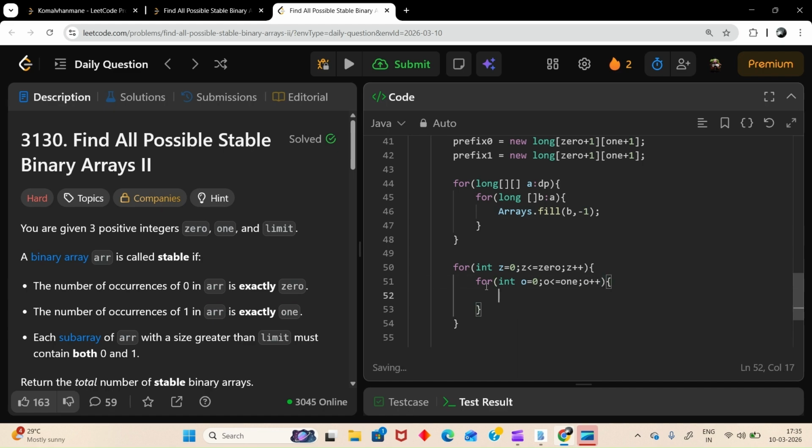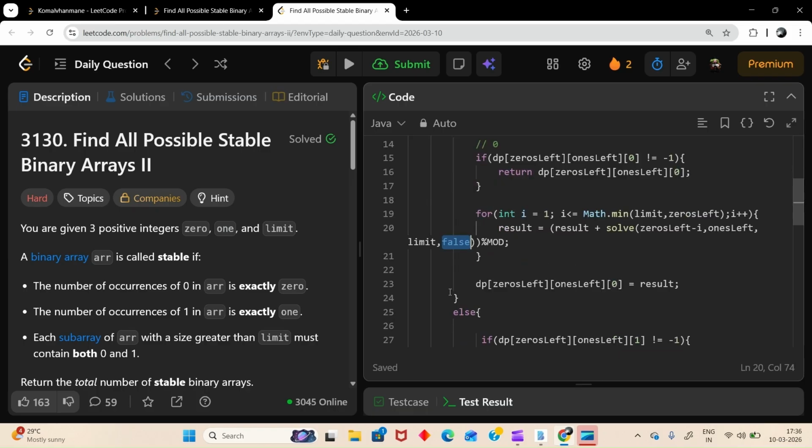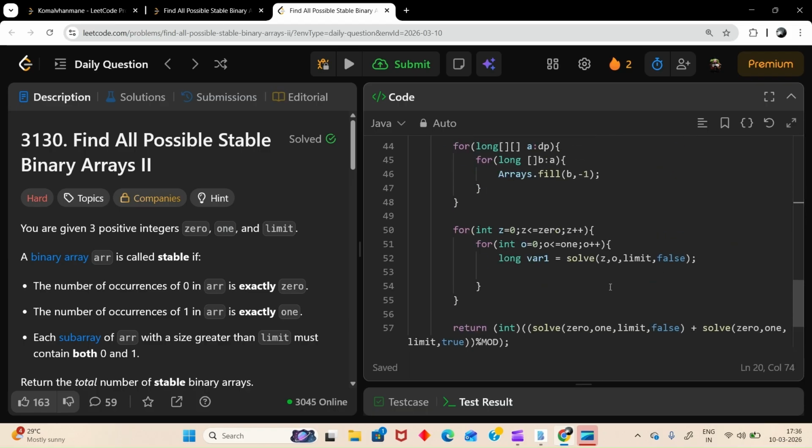Here let's take long var 1 is equal to solve z comma o comma limit and false. So here we send false, which we consider for our 0, and long var 2 is equal to solve z comma o comma limit comma true. One is for that, one is for that.